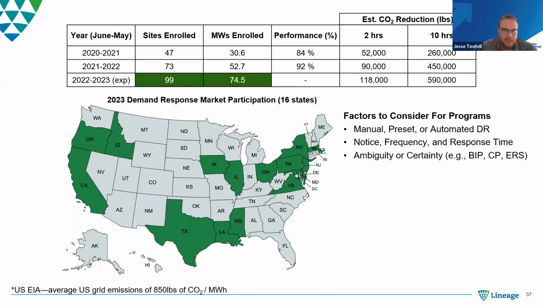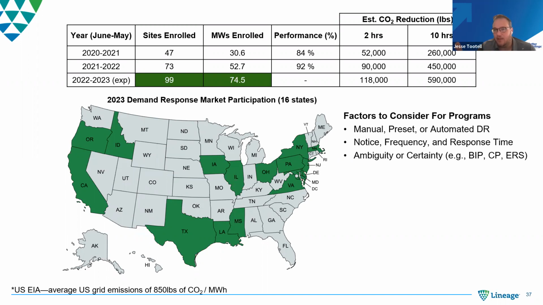And so, just wanted to briefly talk about some of the factors. We participate in a lot of different programs, and I'm going to focus going forward on how easy they are to do, what it takes to get them done, and then a few things to consider for yourselves. Is it a manual response program? Are you sending an email, a call? Someone on site is kind of turning knobs and doing this themselves.